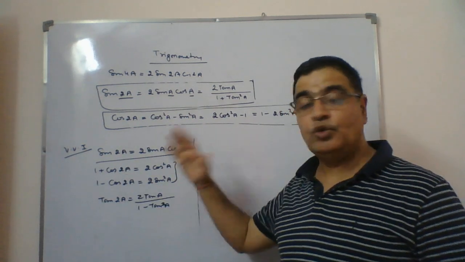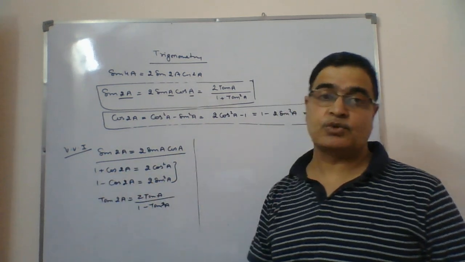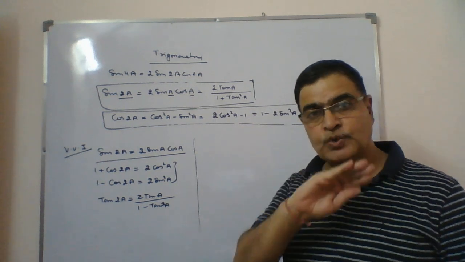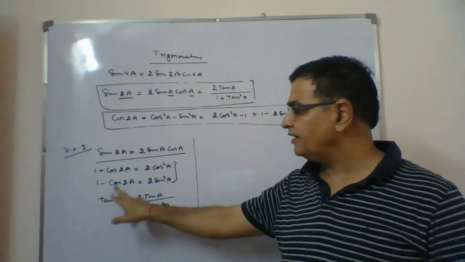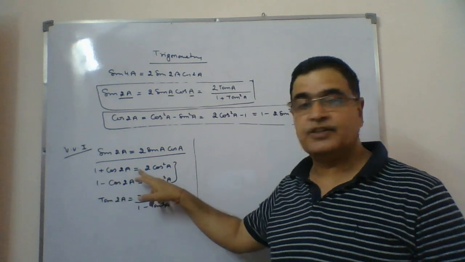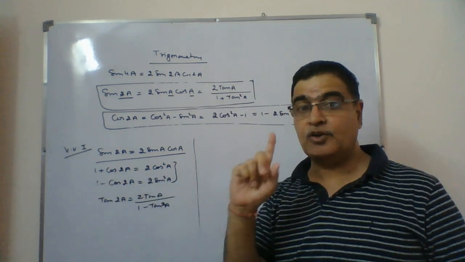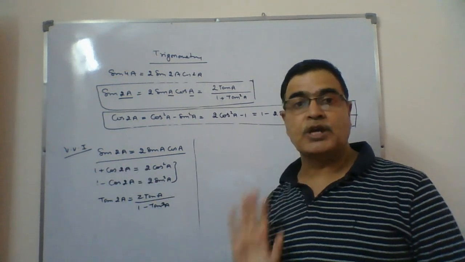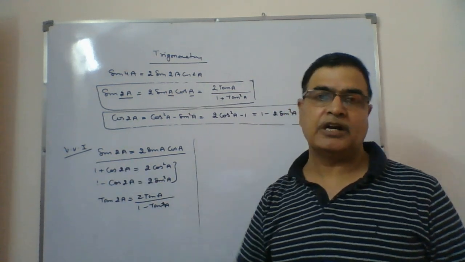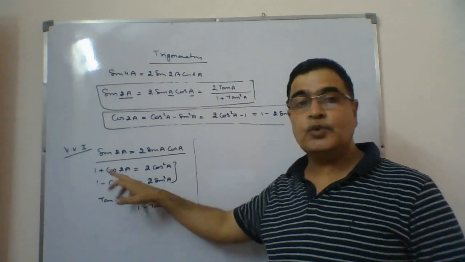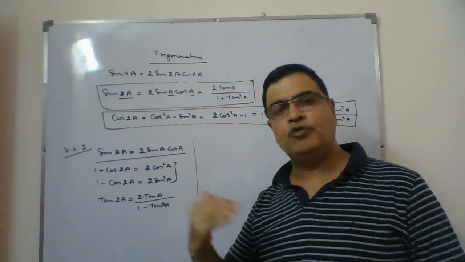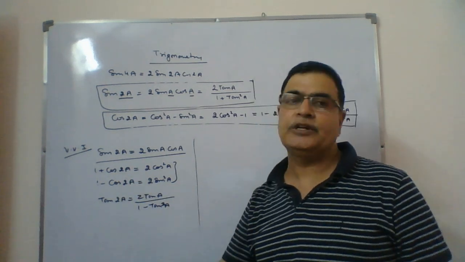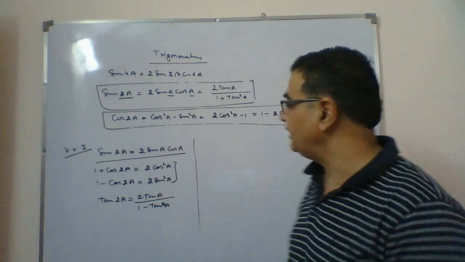If you don't remember cos 2A, it is better to use 1 plus cos 2A. Keep in mind, cos 2A always comes with 1. Sin 2A we will always use alone. Tan 2A will work alone. So whenever you find cos 2A, you will find 1 somewhere there, or if it is not there, you will create it and you will get the question very easily.